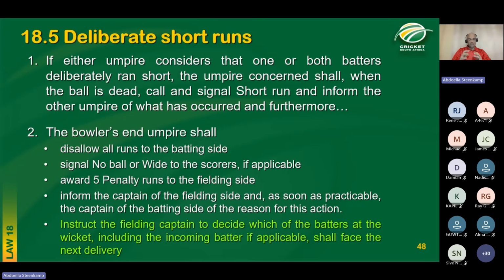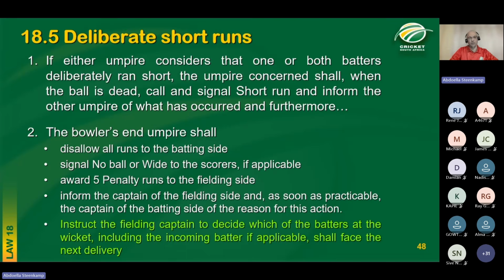They give the power now because one of the batters cheated. They deliberately ran short. This is unfair. They try to get back on strike. So now part of the punishment is the lawmakers allow the fielding captain to decide. It has been unfair play, and part of the punishment is they can decide whichever batter they feel should face the next delivery.